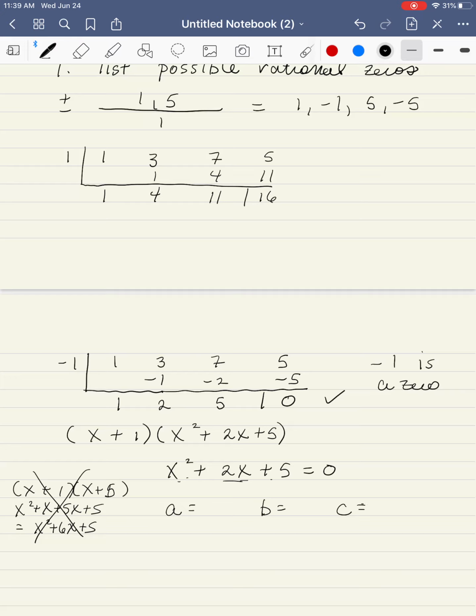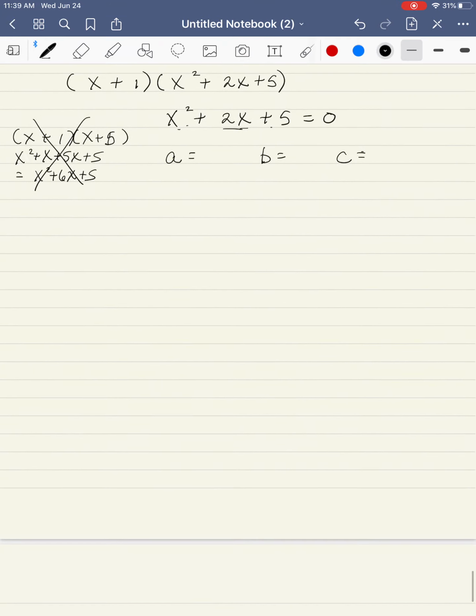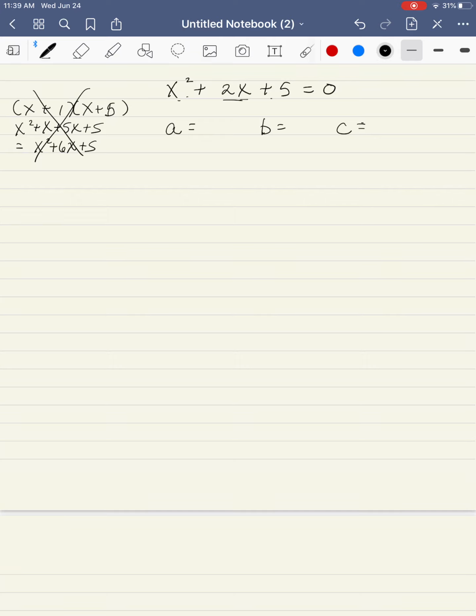If it does not factor, we use the quadratic formula. So I want you to list what A is, what B is, what C is. Write the quadratic formula, pause the video, plug the numbers in, and simplify to get the last two zeros. So A is 1, B is 2, C is 5.